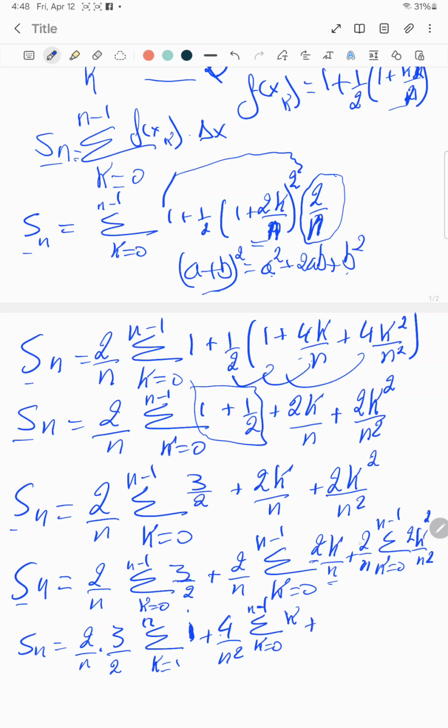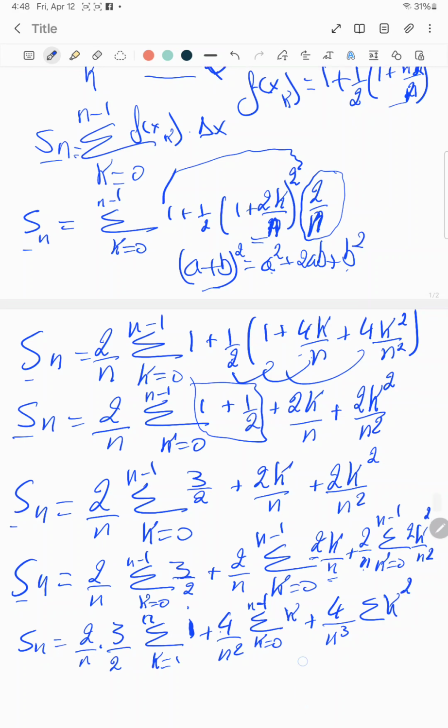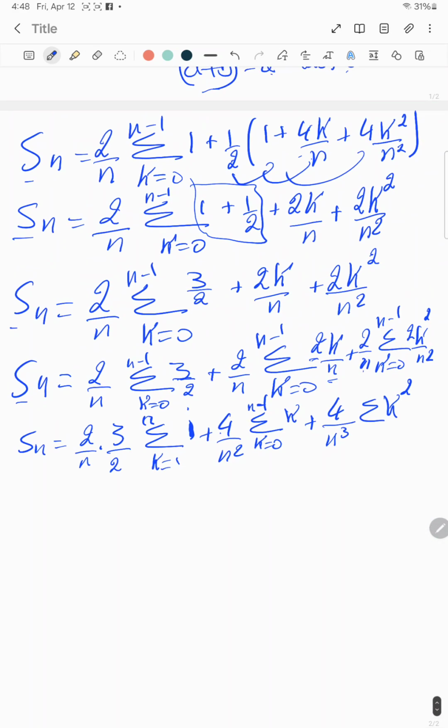Plus, and again, the 2 would go outside, it becomes 4. The n squared would go outside, it becomes n cubed because I have n here, sum of k squared. Here what I can do is 2 and 2, I can simplify it. So S of n is equal to 3 over n, and sum of k equals 1 to n, if it is 1 to 10, it will become 10 times 1, which is 10.